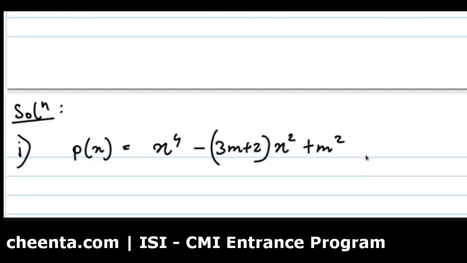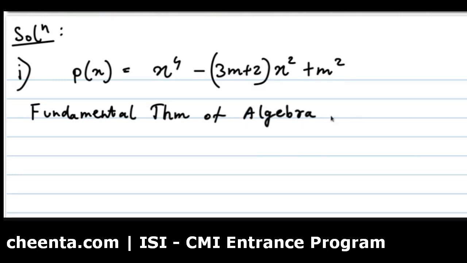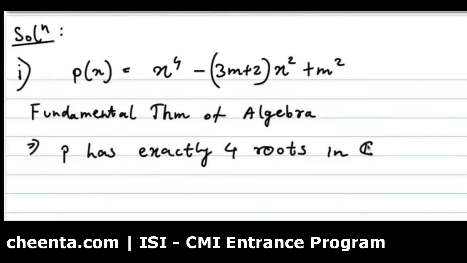So what does the fundamental theorem of algebra give us? It tells us that the fundamental theorem of algebra implies P has exactly 4 roots in complex numbers, right?